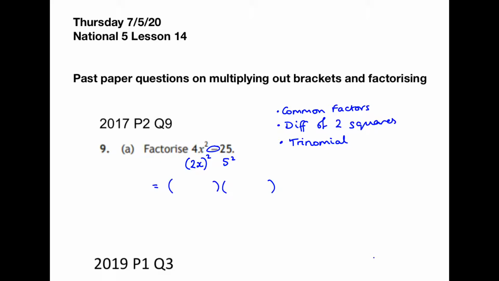The thing that's squared to give us our first term goes at the beginning of the brackets. The thing that's squared to give us our last term goes in the end of the brackets. And then we need 1 plus and 1 minus. And that's that one done. That's all we need to be able to do there.